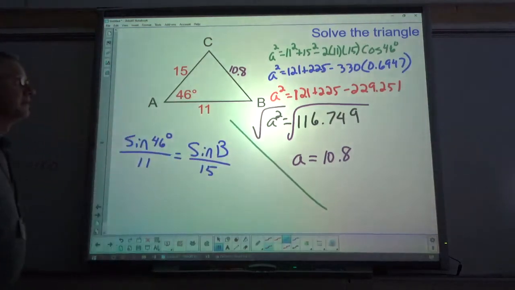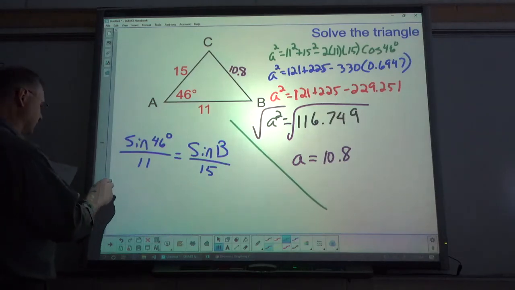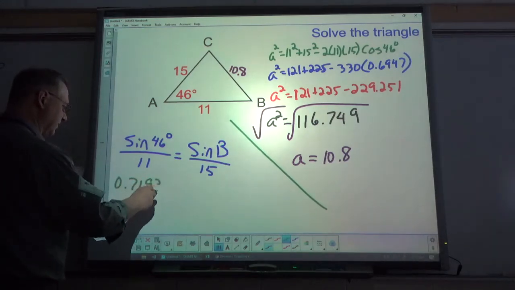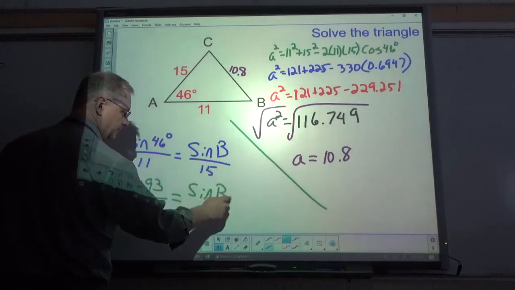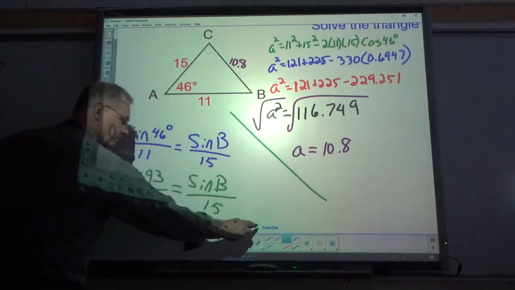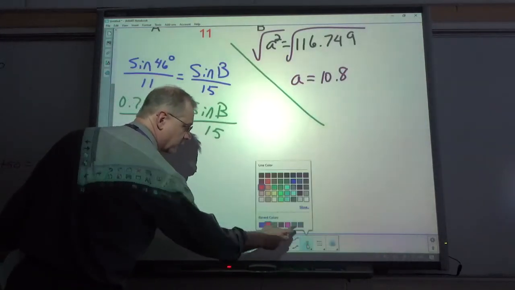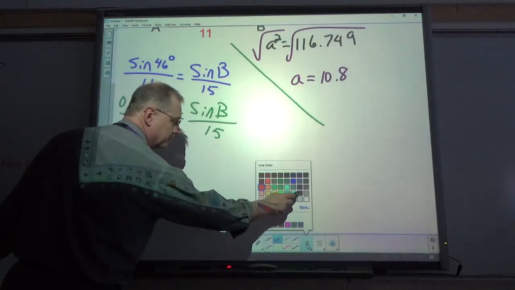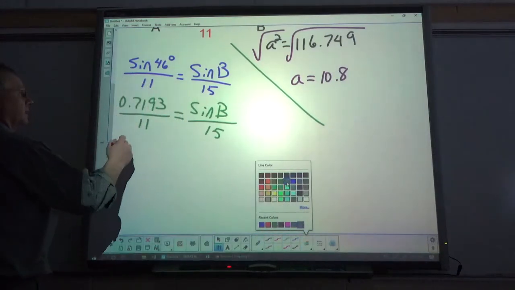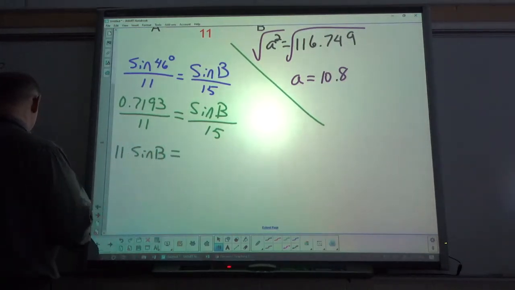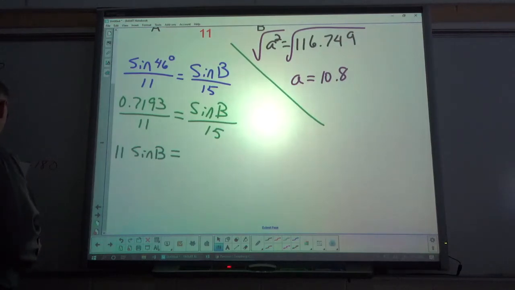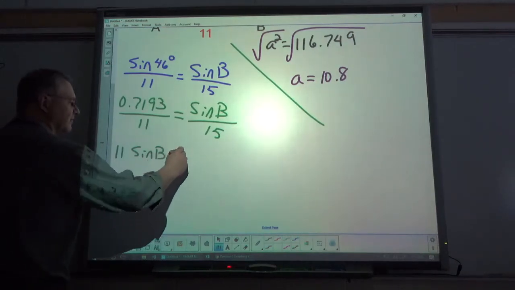Once you have all three sides and an angle, you can now use law of sines. Now, sine of 46 degrees is 0.7193. At this point, we'll cross multiply. And when I cross multiply, I get 11 sine of B equals 10.7895.